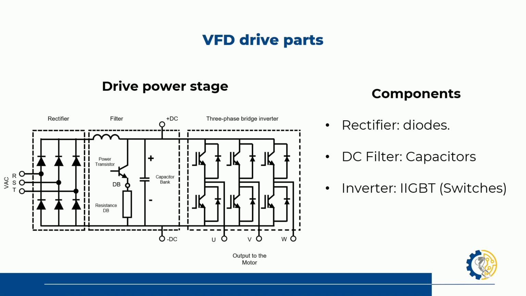The rectifier part, I like this. Or at least I like that we are associating it with different devices. Okay? So the rectifying part is where we can find the diodes. Why the diodes? Because we can take the energy from AC and change it to DC. Okay?